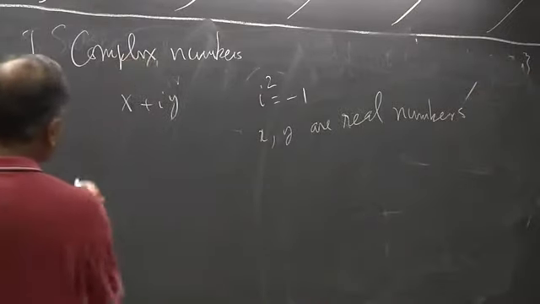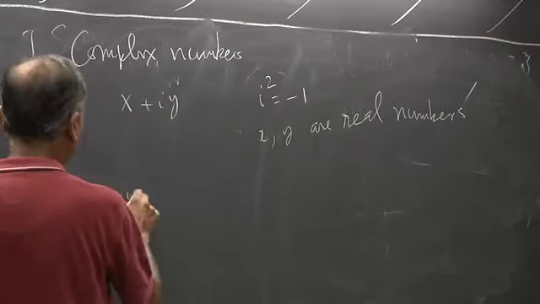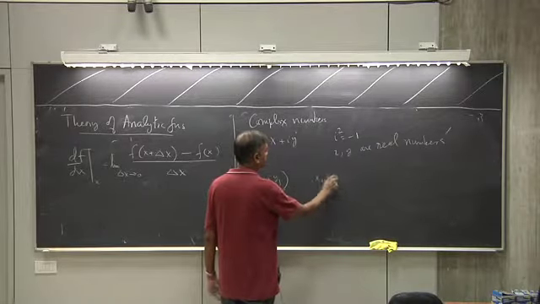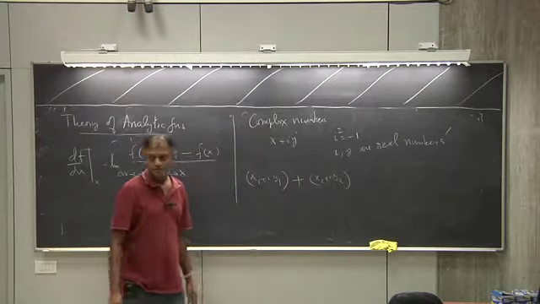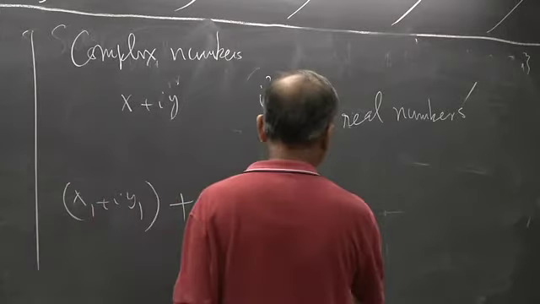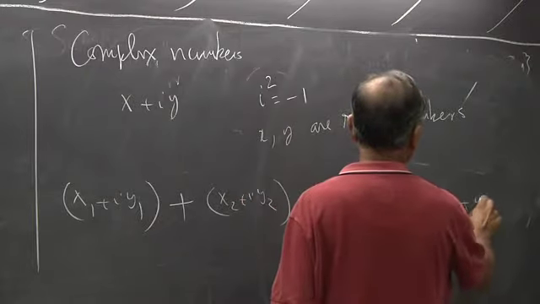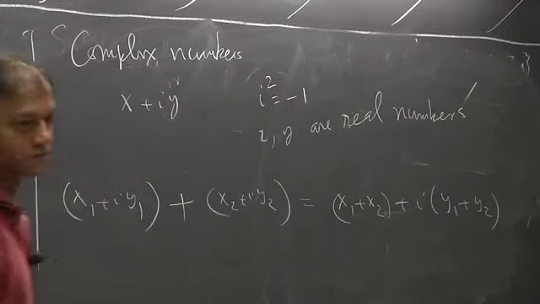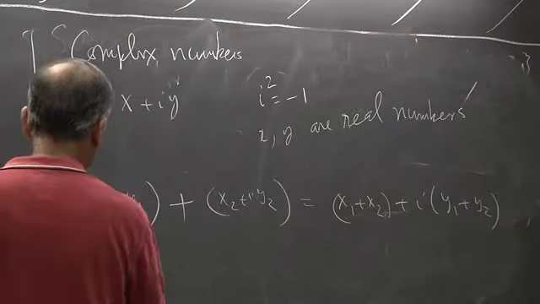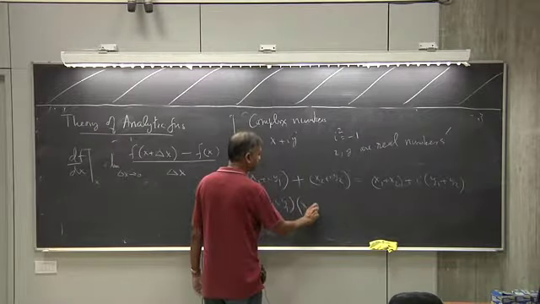This of course forms a vector space, because if you take two numbers, x1 plus iy1 and another number x2 plus iy2, you can define the addition. The real part you add separately, and the imaginary part you add separately. So this is the same as x1 plus x2 plus i times y1 plus y2. You also have a notion of product. Take the usual product of x1 plus iy1 times x2 plus iy2.